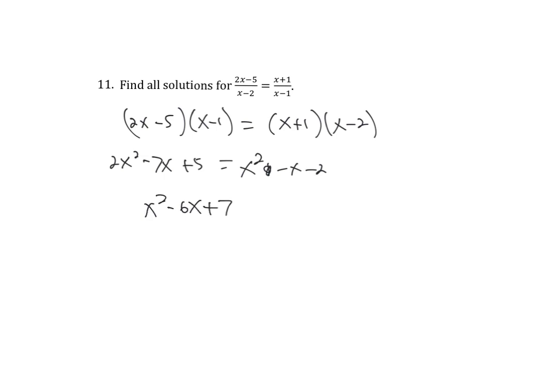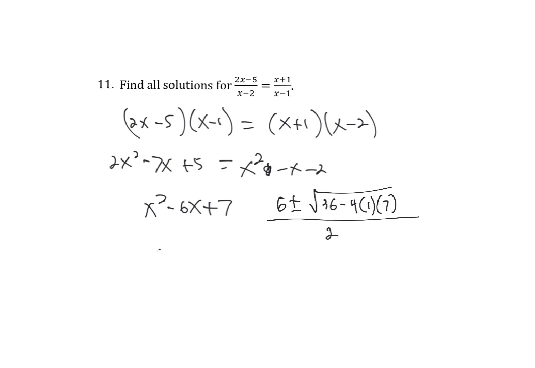plus 7. This is not factorable, so we will use the quadratic formula, and that will give us negative b, so positive 6, plus or minus the square root of b squared, which is 36, minus 4 times a times c, all over 2 times a.